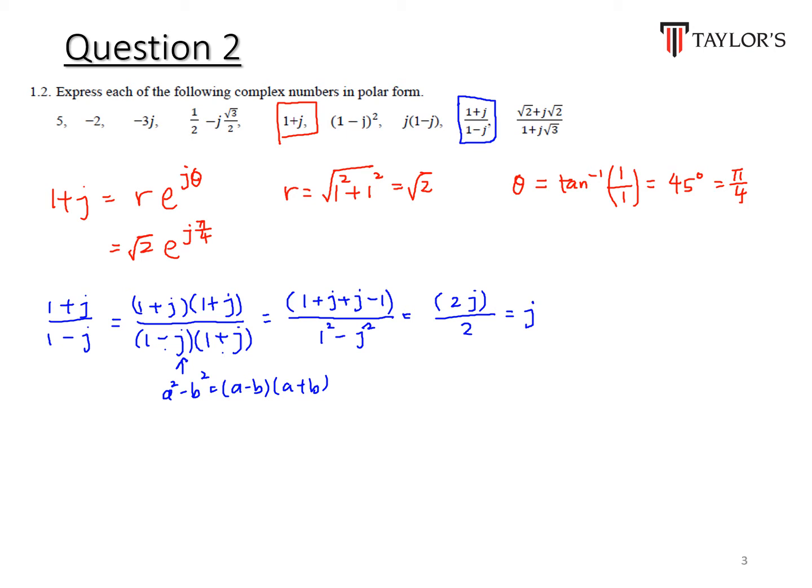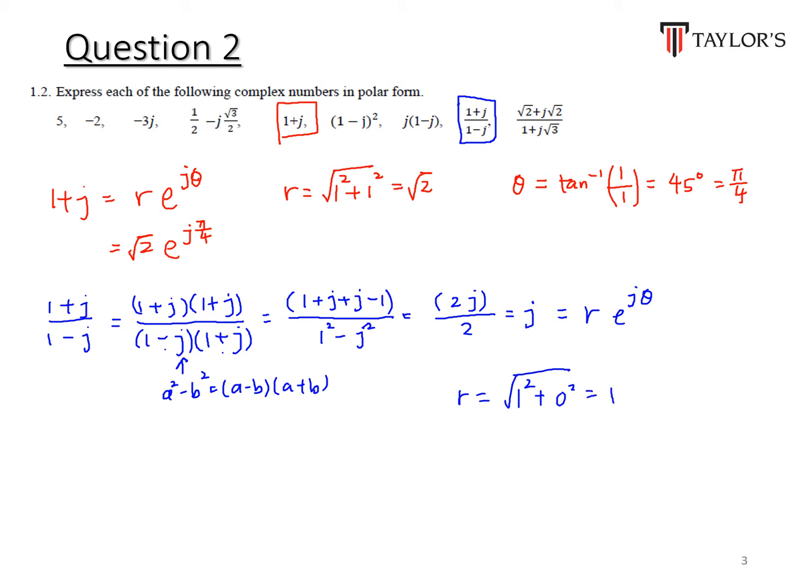So how do we change j to polar coordinates? You can still put j equals r e power of j theta. And then we find out what all this is. r will be the Pythagoras theorem, 1 square plus 0 square, because there's no real number now.